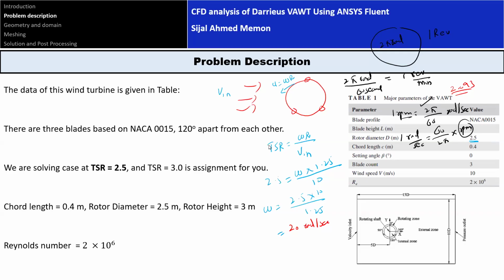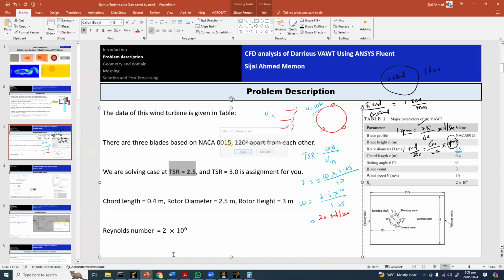Okay, let's take an online converter. Just 1 minute. Radians per second to RPM.